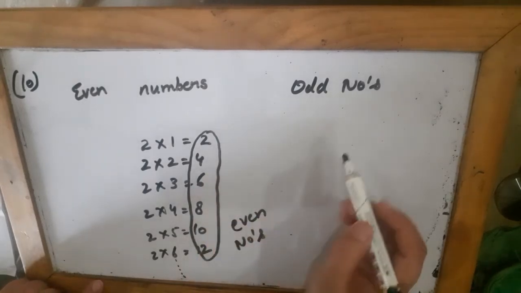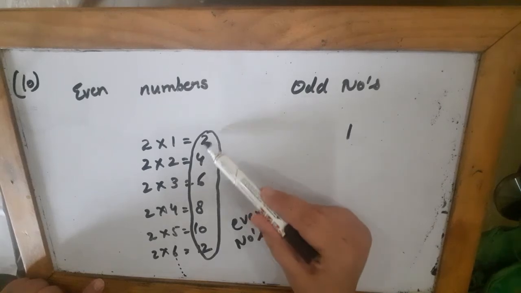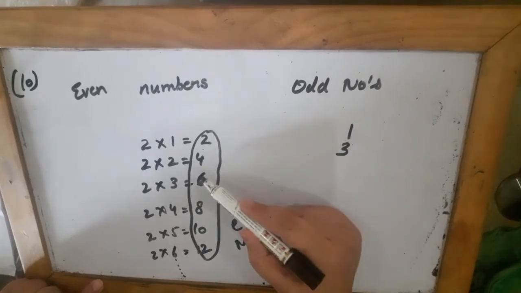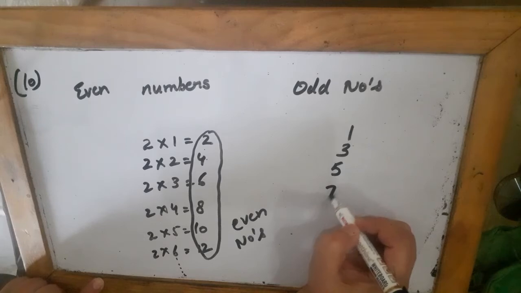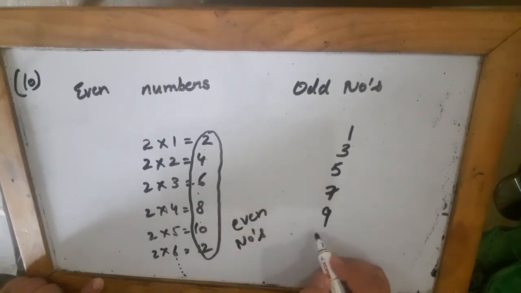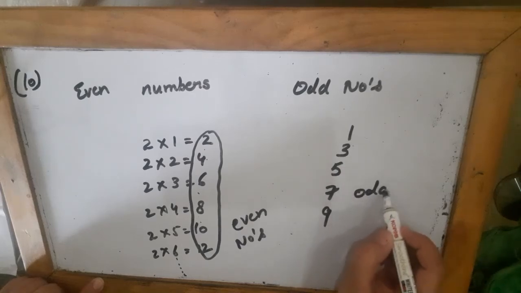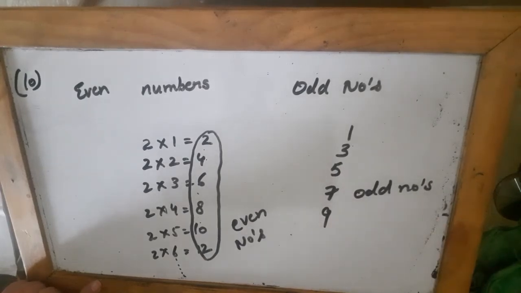Now what about the rest of the numbers, like 1, then 3, after 4 comes 5, then 7, then 9? All the numbers which are not multiples of 2 are called odd numbers. So numbers which are multiples of 2, divisible by 2, are even numbers, and the rest, which are not divisible by 2, are odd numbers.